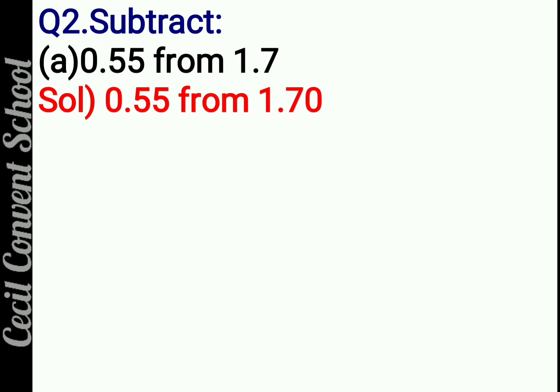In subtraction, firstly, the first number is 0.55, then written from. As you all know, whenever we do subtraction, firstly we take the number which is after from, always. But for doing subtraction, firstly we will check whether these numbers are like decimals or not.